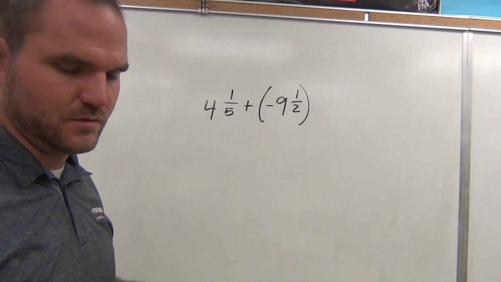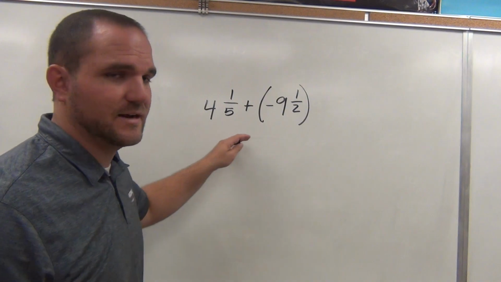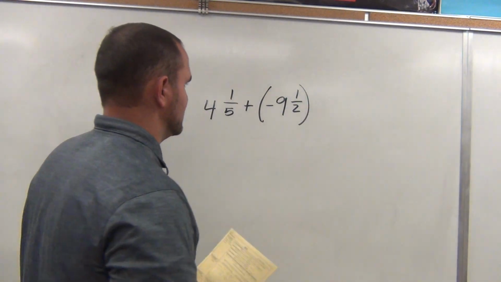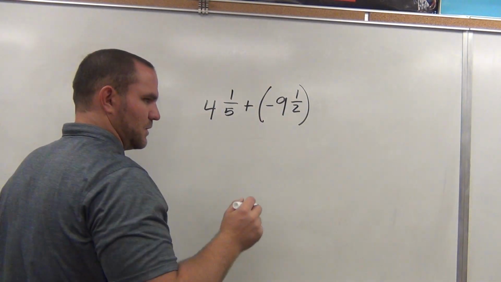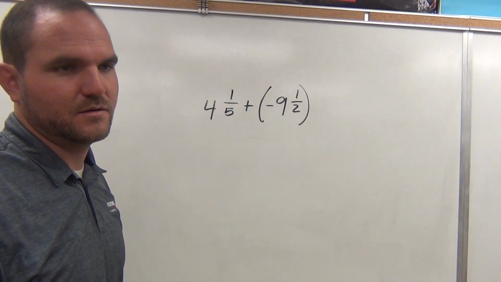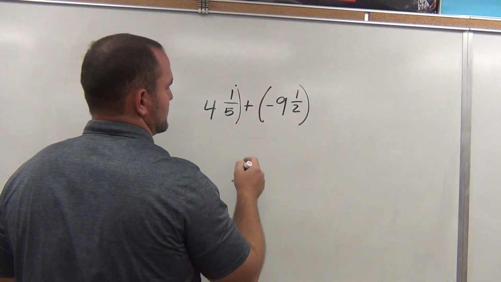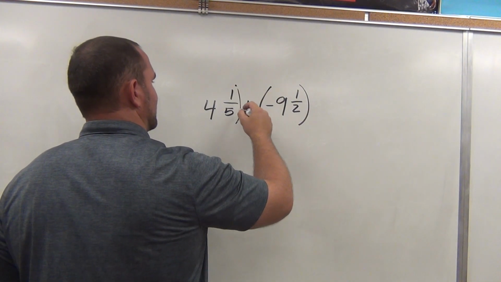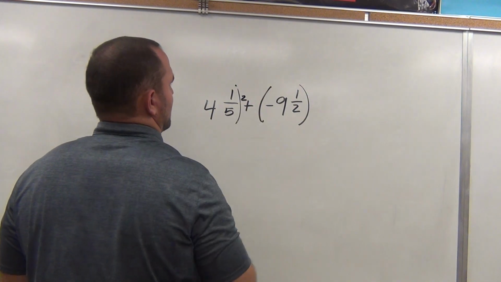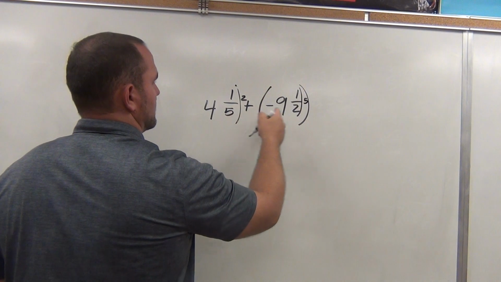Now, in order to put these together, we have to work with the fractions. Okay, so the fractions here, if you remember, we have to get the denominator to be the same. So I'm going to make it easy for myself, and it's probably the only way to do it right now, is I'm going to multiply both by the other.